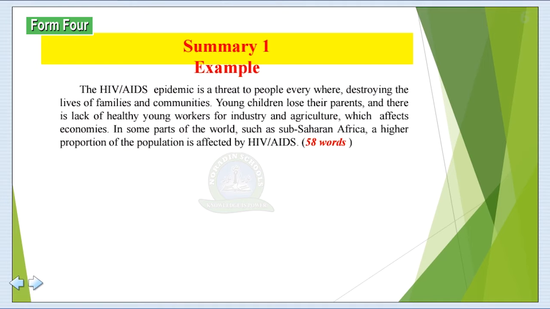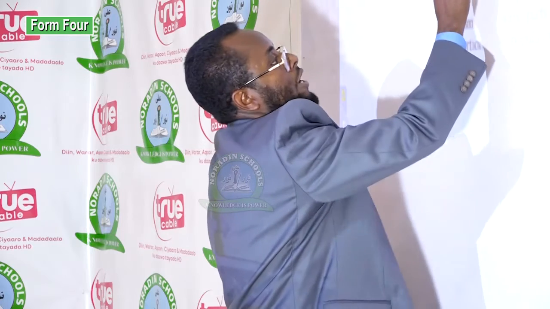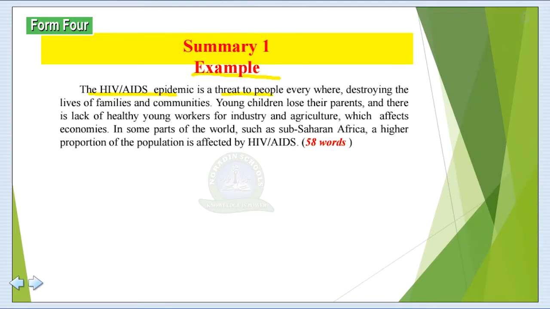Okay. So this is summary example 1. How many words? 50 words. So this is the example. The HIV/AIDS epidemic is a threat to people everywhere, destroying lives of families and communities.